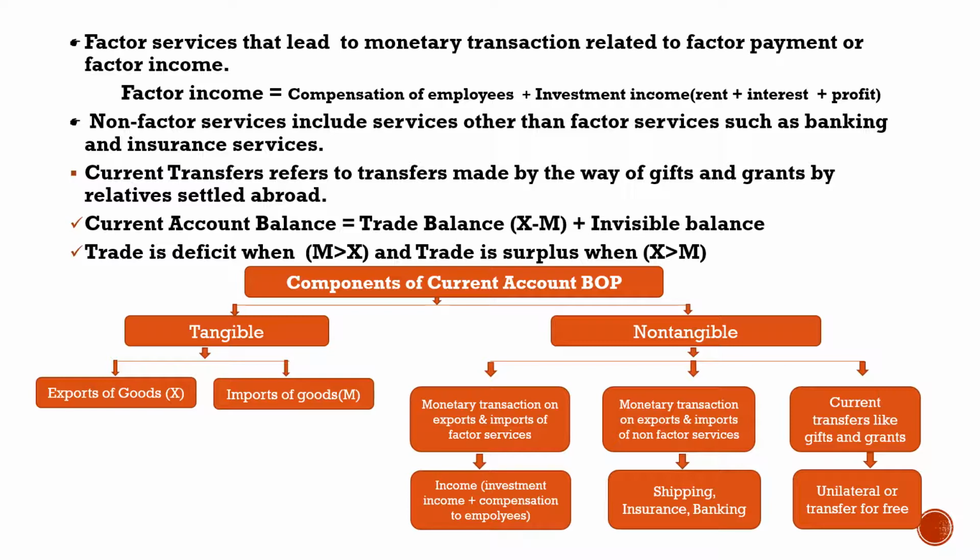Then comes monetary transactions on the export and import of non-factor services. It involves shipping services, insurance services and banking services. Then comes current transfers like gifts and grants. Friends, they are unilateral, or we can say they are transferred for free.